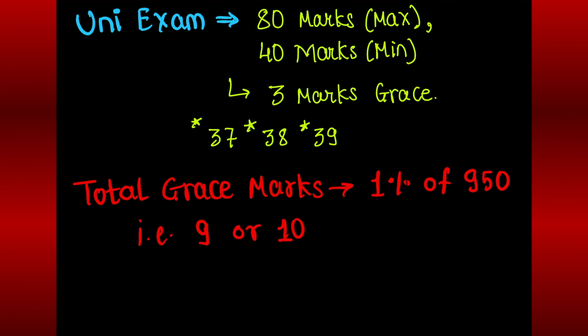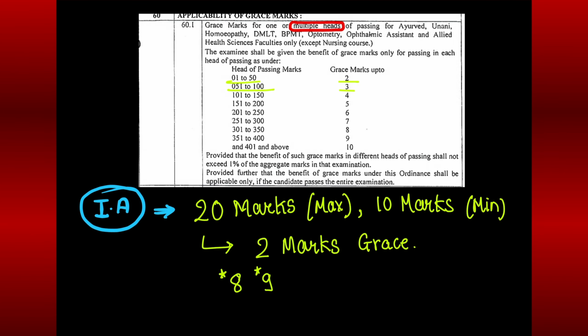Let us consider 10. So the maximum marks you will get is 10. But what is the most important rule? The benefit of grace marks under this ordinance shall be applicable only if the candidate passes the entire examination. So if you pass the entire examination, only then will grace marks be offered, so that you don't get a back.